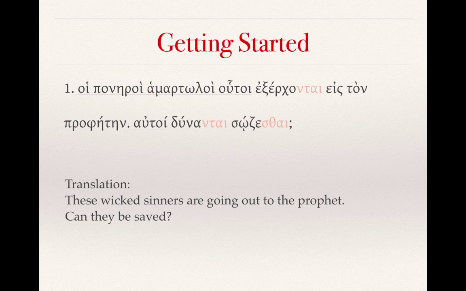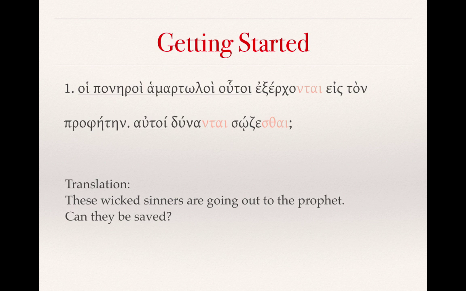So then a translation would be, these wicked sinners are going out to the prophet. Can they be saved? And so a few things, I've underlined the subject, hoi ponēroi hamartōloi houtoi. It's a long subject, all in the nominative case.